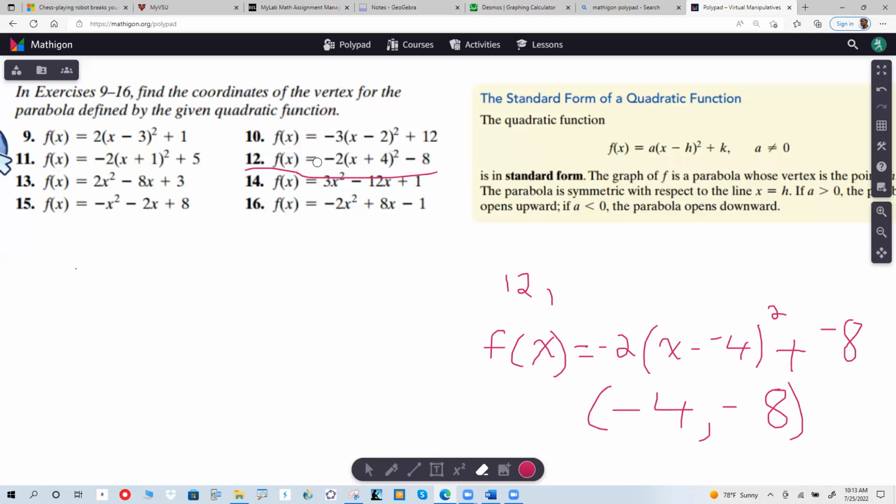Okay, let's go back and check. I'm going to graph this. If I made a mistake, my coordinate of the vertex should not be -4, -8. I'm double checking in my head to see I didn't make a mistake, but okay, let's try it. X plus 4 squared minus 8.